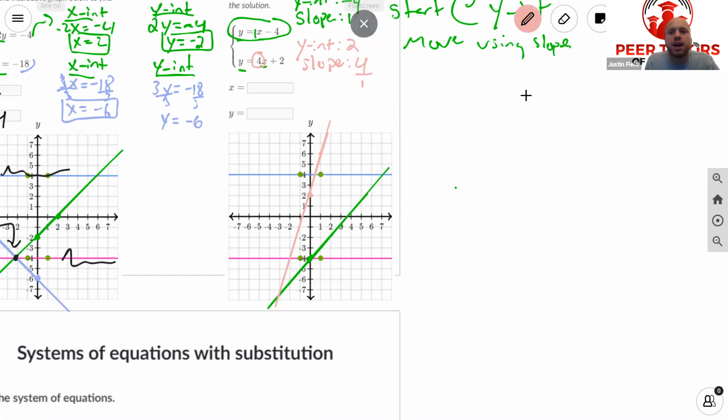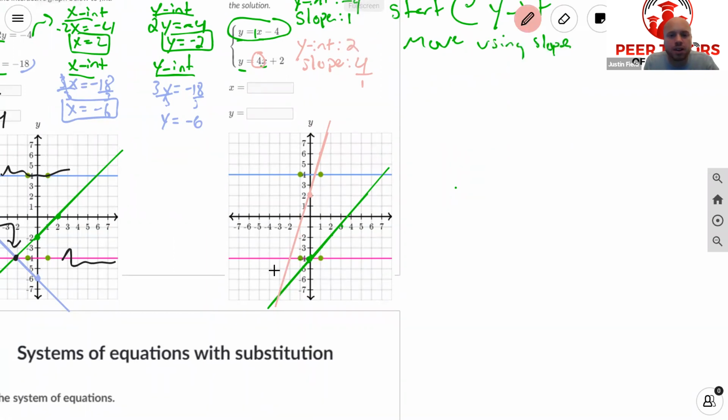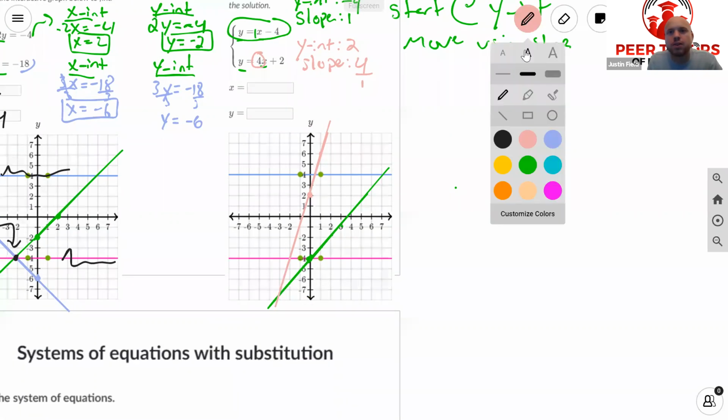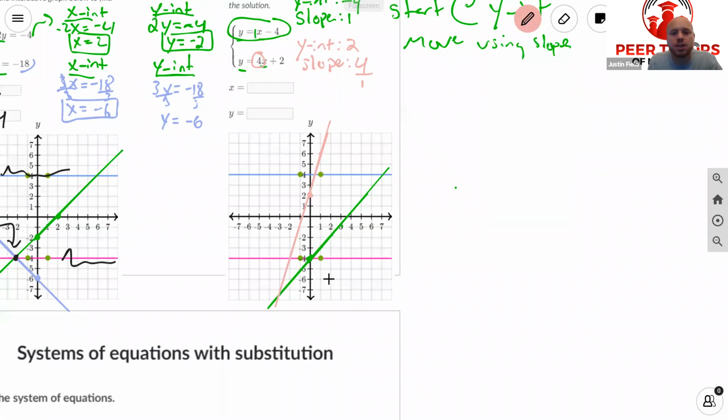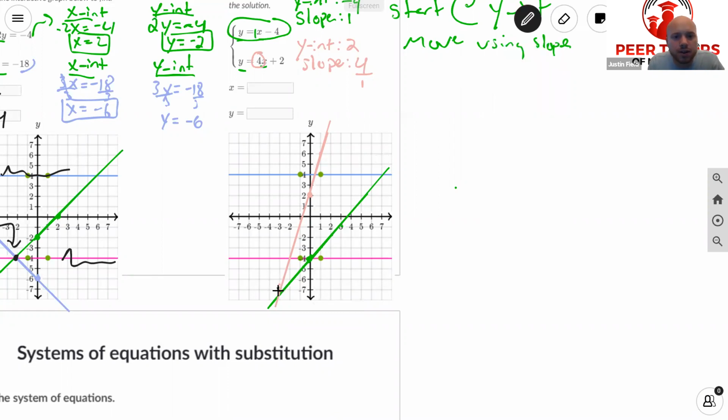If I was exact, you'll have to find out if they're intersecting when you draw nice lines with the computer or on your paper. Let's see if I can, there we are. -7, -3. So our x is -7 and our y is -3.